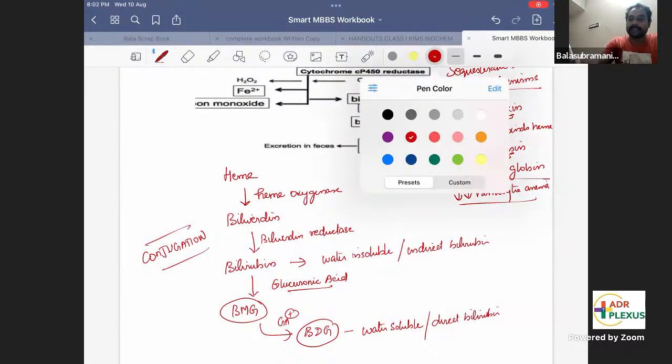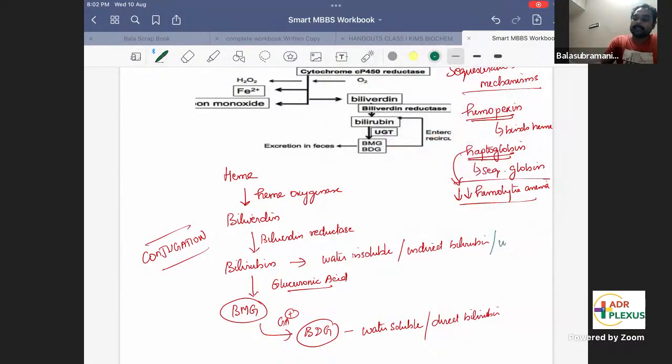Or even better, there is another name: unconjugated bilirubin and conjugated bilirubin. So water soluble bilirubin, conjugated bilirubin, direct bilirubin, all are the same. Water insoluble bilirubin, unconjugated bilirubin, and indirect bilirubin, all are the same.